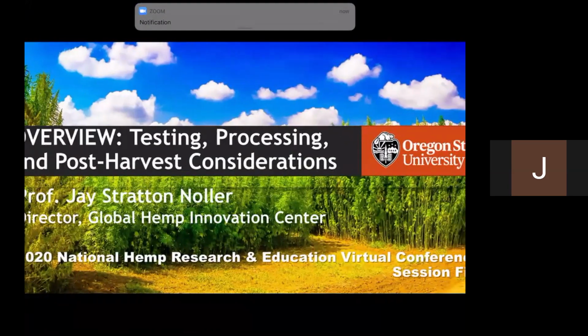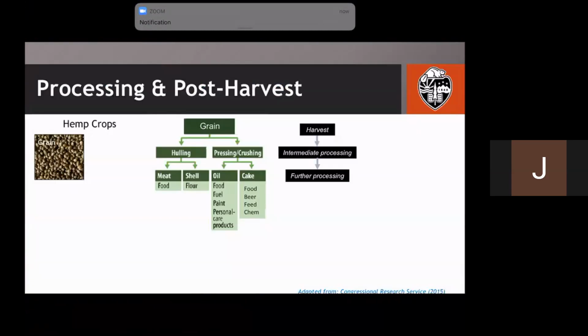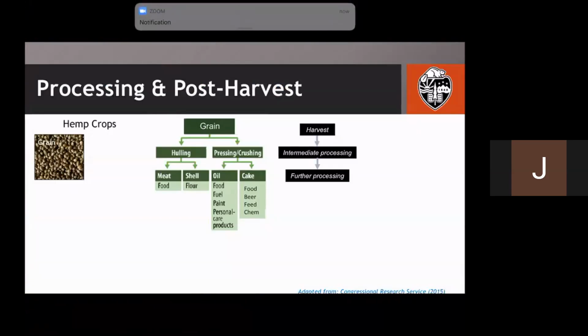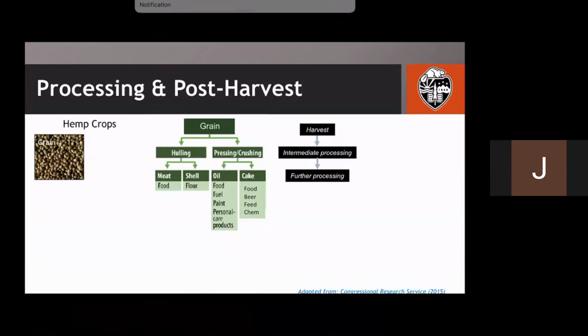When we look at what we're going to be covering, we're going to look at grain, so seed. We'll see in some of the types that seeds are not desired by some producers.